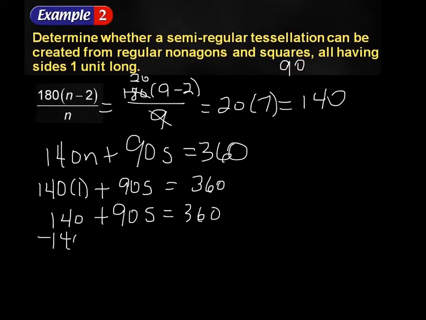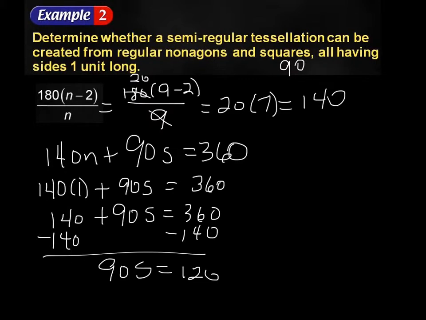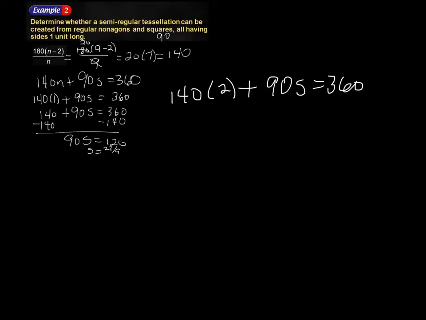Subtract 140 from both sides. And rats, that's not going to come out even. S would equal 22/9, not good.